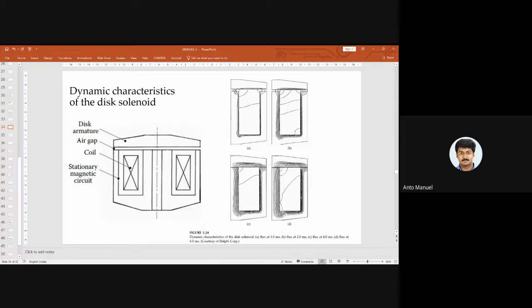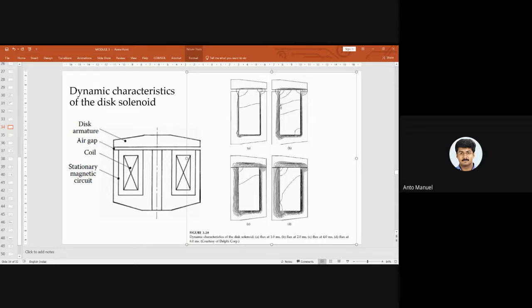And here we can say a gap is there, the disk armature, and some air gap is there. When we start applying the high voltage, we can see some lines over here, and that is nothing but the magnetic flux.